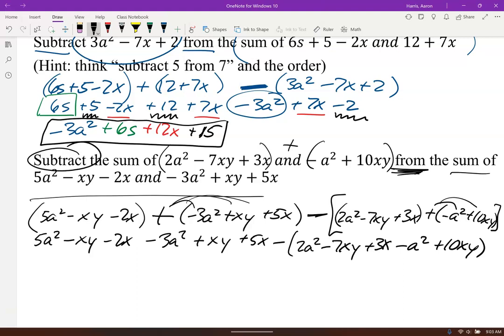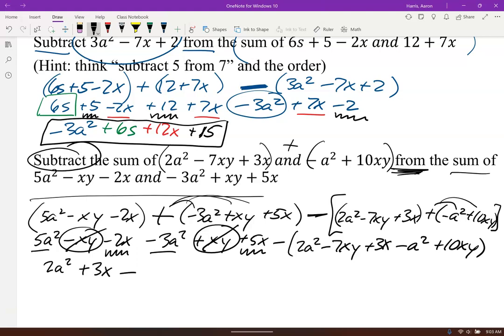So let's go ahead and combine like terms. I got 5a squared minus 3a squared is a 2a squared. Minus xy plus xy, those are gone. So then I just have minus 2x plus 5x. Negative 2 plus 5 is a 3x.